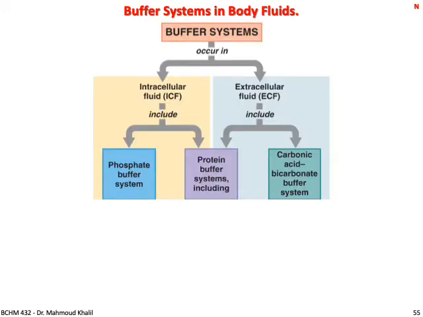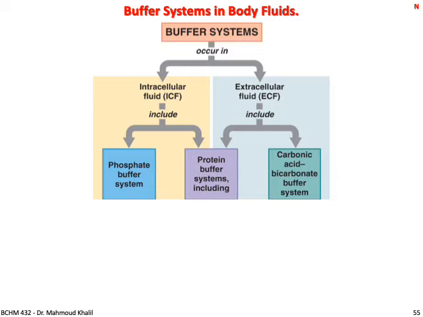If we look at a summary of the buffer systems that occur in the ICF and ECF, you will see that both of them have a common system, which is the protein buffer system. The ICF has the phosphate buffer system, while the ECF has the carbonic acid bicarbonate buffer system.